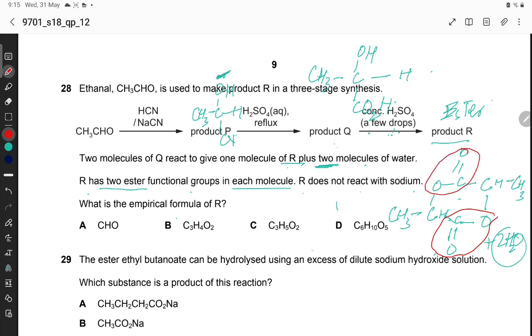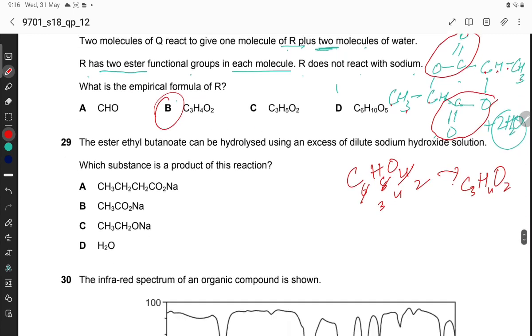So the molecular formula of this compound has 6 carbon atoms and 4 oxygen, C6H8O4, and the empirical formula will be C3H4O2. So this option is correct.